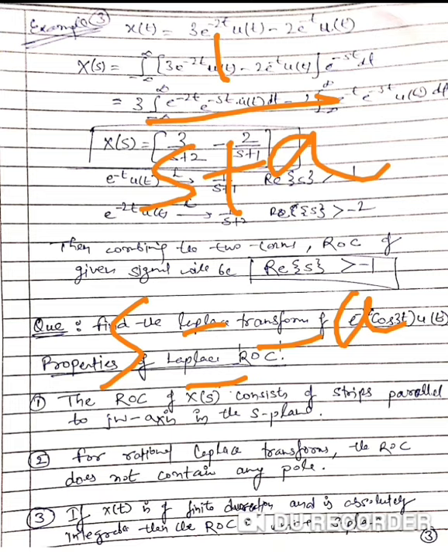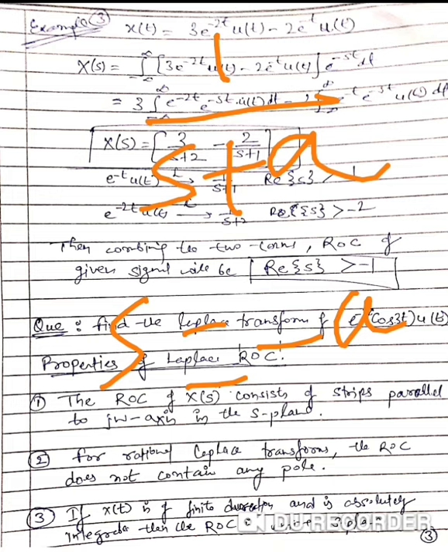As we have already seen, it must be a bounded integral, so its value cannot be infinite. So our Laplace transform X(s) will not exist at any pole, that is for s equal to minus a.